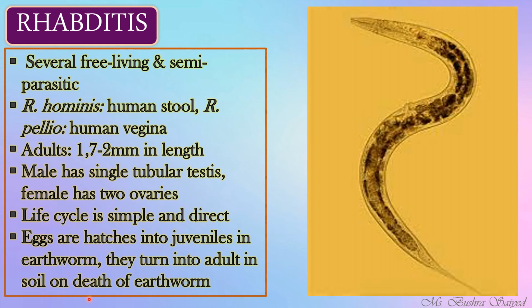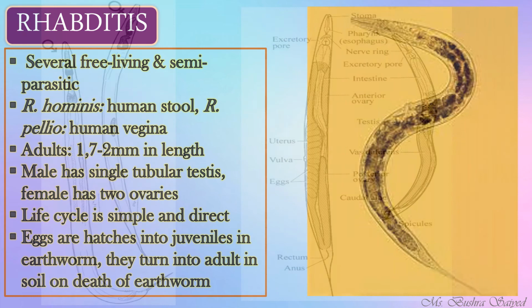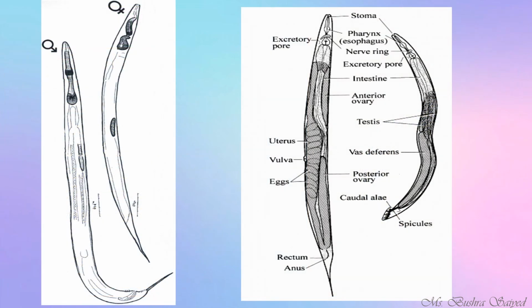When the earthworm dies, those juveniles convert themselves into adults, and then they complete their life cycle. So eggs always hatch in the body of the earthworm. So earthworm is the organism which is required to complete the life cycle of Rhabditis. Here you can easily see the sexual dimorphism, the size of the organism, the anatomy of Rhabditis.